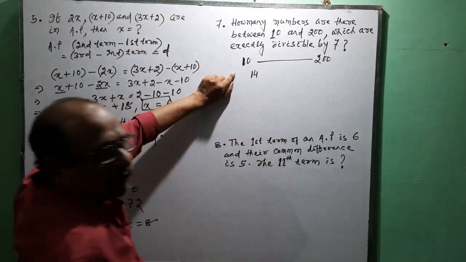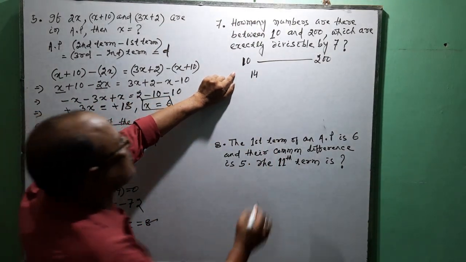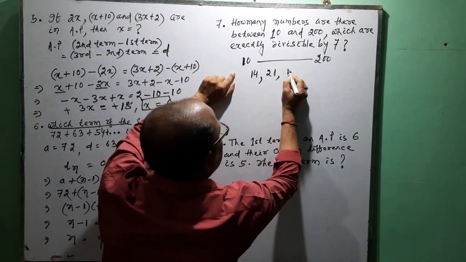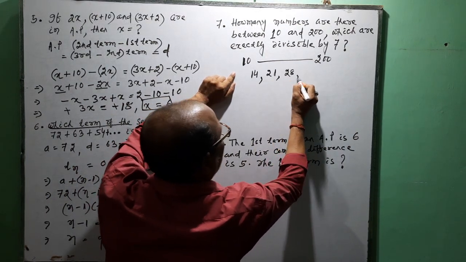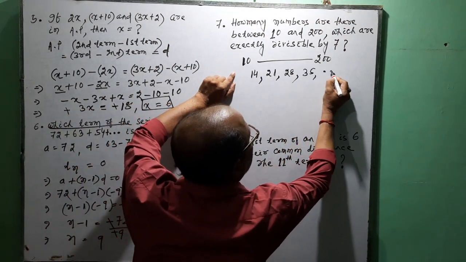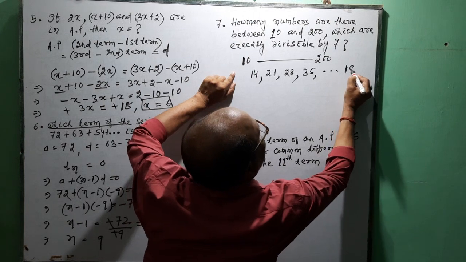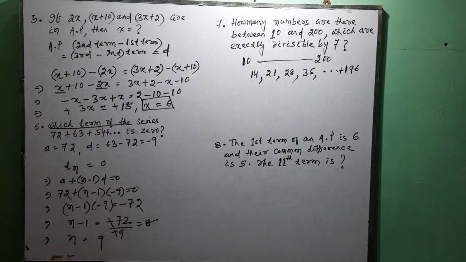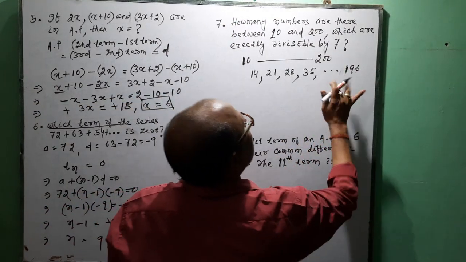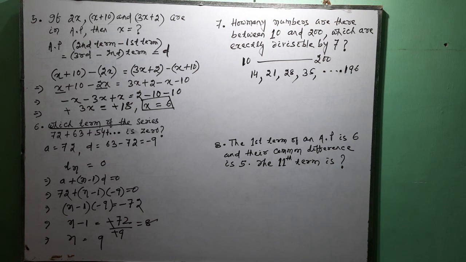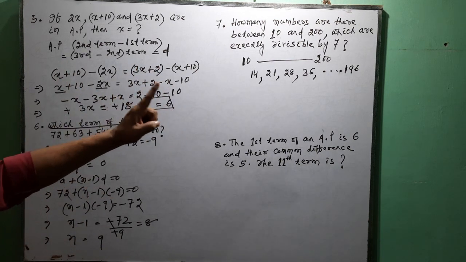Next term 21, 7 more. Next term 28, 7 more. Next term 35, 7 more. The last number is 196, which is divisible by 7.